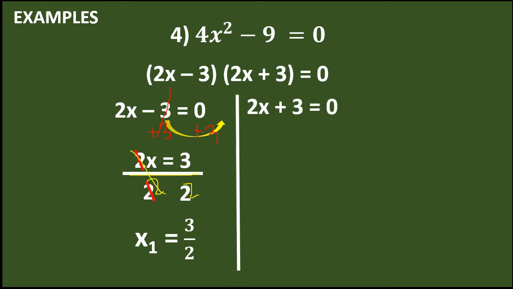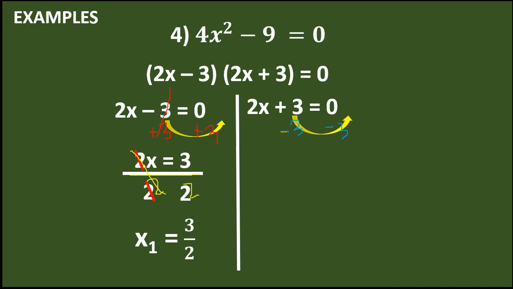Let us now proceed to the next factor. We have 2x plus 3 equals 0. Again, same process. In this case, we are going to transpose 3 to the right side of the equation, but the proper way of doing that is using the additive inverse. So what is the additive inverse of positive 3? It will become negative 3. So we add negative 3 on both sides of the equation, left and right.